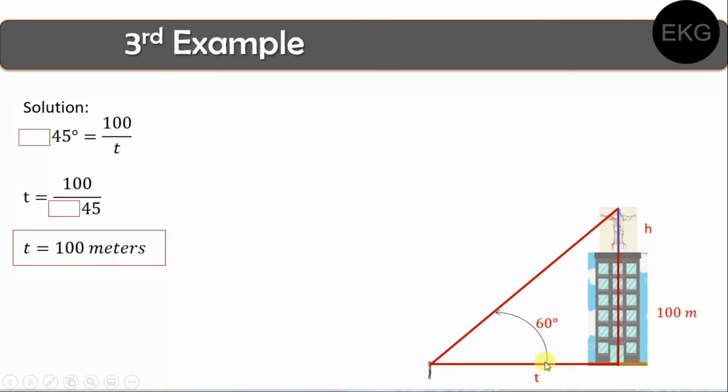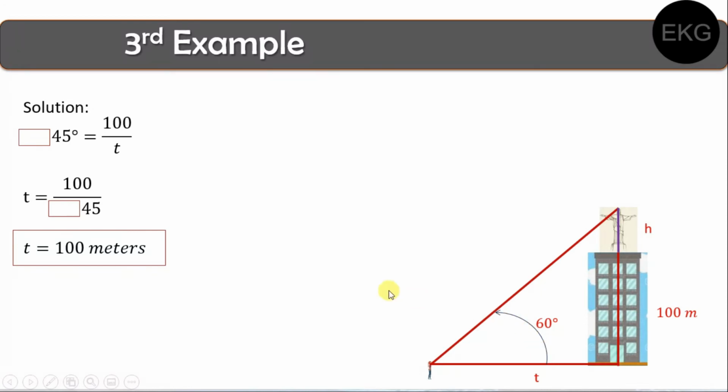Our angle of elevation changes from 45 to 60 degrees. Looking at this bigger triangle, this side, the 100 meters plus the height of the statue, what is its relationship to the 60 degrees? And the same for t, what is its relationship to the 60 degrees?